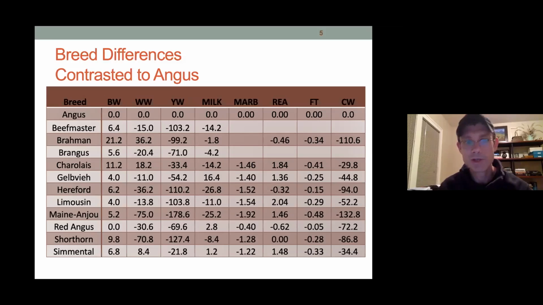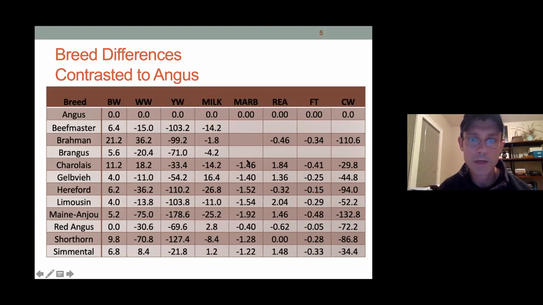And what you'll see is how breeds compare, and you can think of this as the average example Angus animal, how it compares to the average example Charolais animal. It can give producers some windage, if you will, on how breeds on average compare for birth weight, weaning weight, yearling weight, milk, which is maternal weaning weight, marbling, ribeye area, fat thickness, and carcass weight.